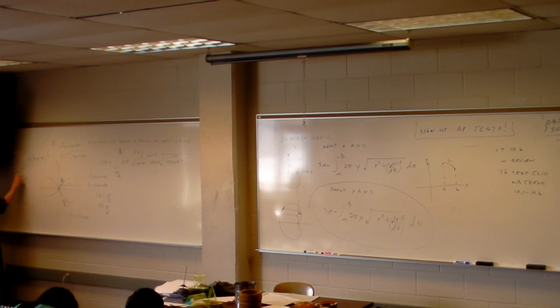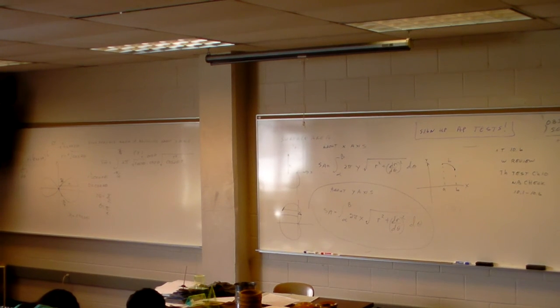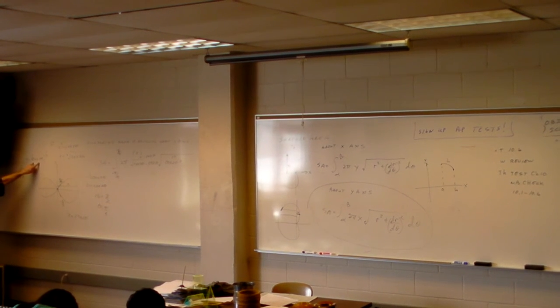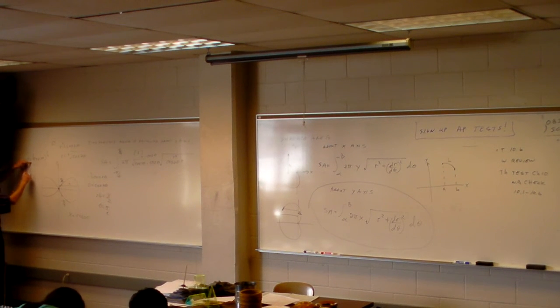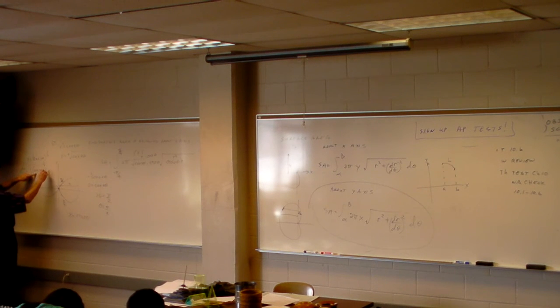We need to figure out dr d theta. What's the derivative of this? 1/2 cosine of 2 theta raised to the negative 1/2 times negative sine of 2 theta times 2.